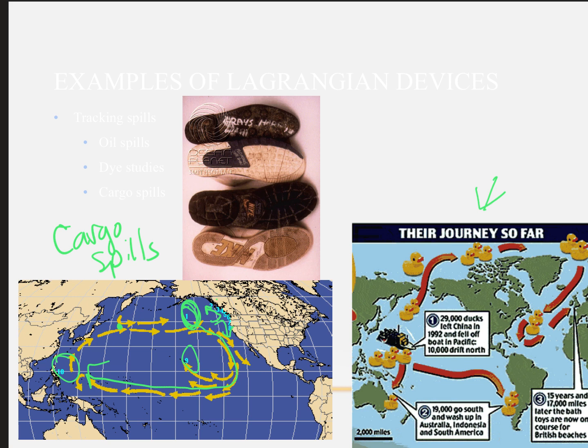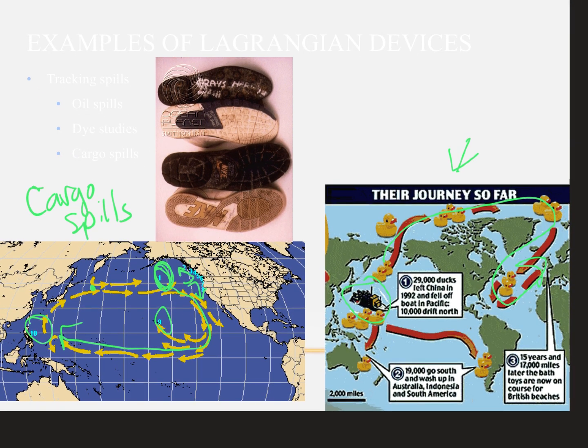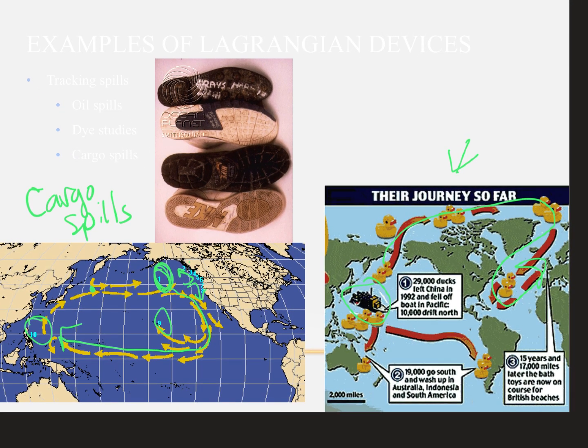So we have little number one over here. 29,000 ducks left China in 1992 and fell off of a boat in the Pacific, and 10,000 of them drifted north. 15 years later and 17,000 miles later, the bath toys are now on course for the British Isles. Here, number two, 19,000 go south and wash up in Australia, Indonesia, and South America. So you can really see the fact that they can travel pretty good distances.